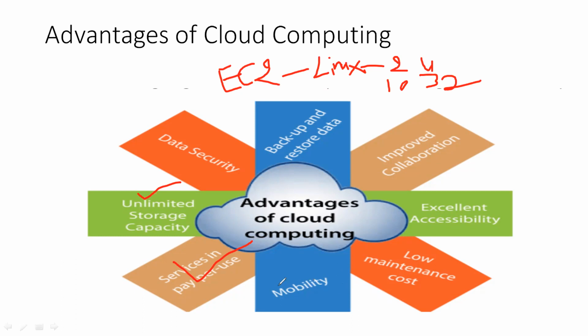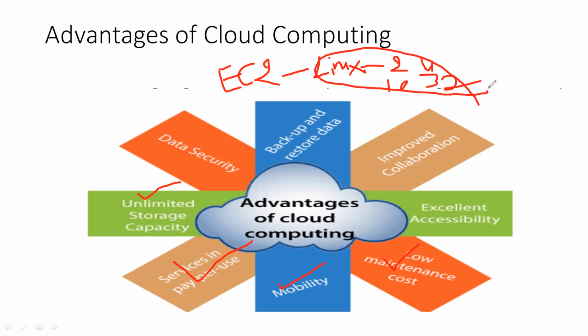Whatever services you are using, only for that service do we have to pay. That is another advantage, and mobility is also provided. One more advantage is the low maintenance cost. If you purchase servers of this configuration yourself, you have to pay a huge amount.